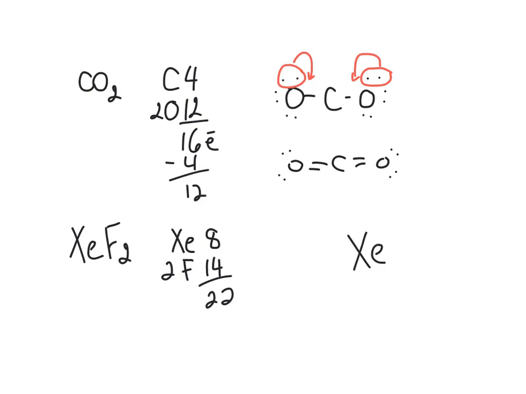So put on Xe, put on your bonds, and your other 2 atoms. Now, we've used 4, so we've got 18 left. Complete the octet for your terminal or outside atoms. 2, 4, 6, 12. We now have 6 electrons left.